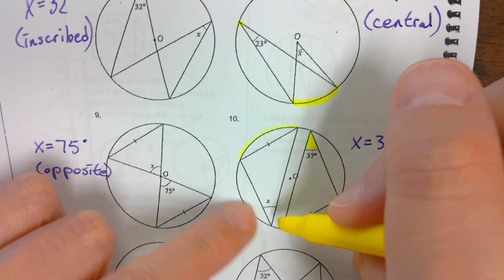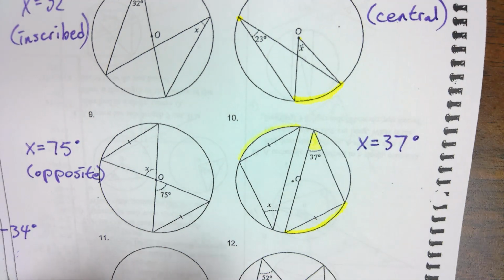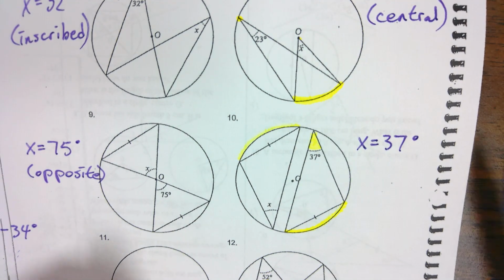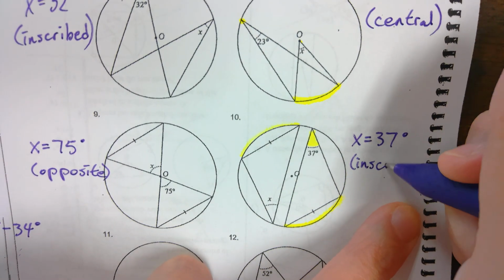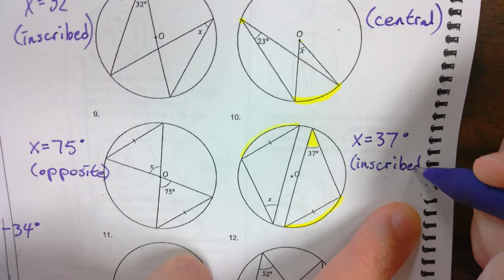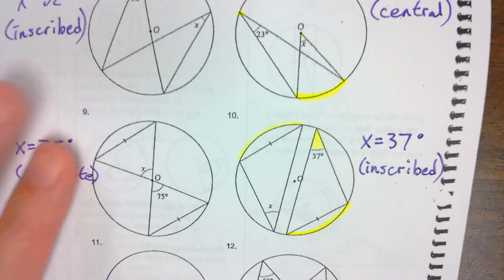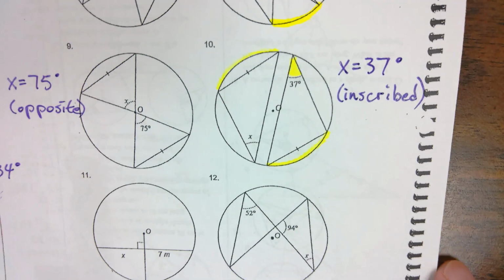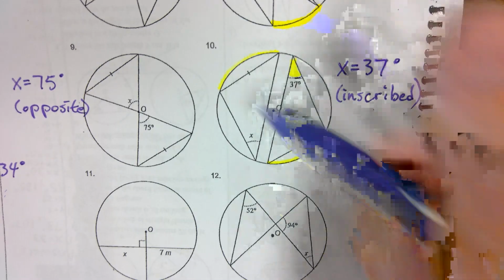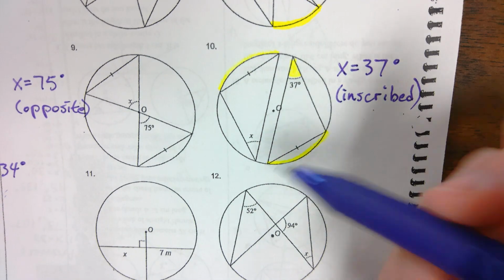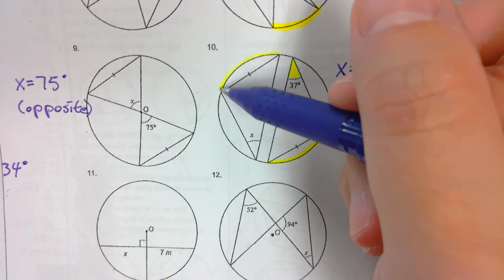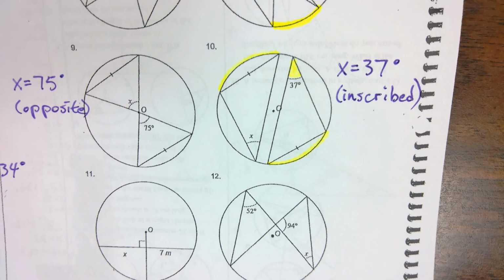And so that means this is also an inscribed angle. Alright, so that's the reasoning. This is an inscribed angle, not because it looks the same, not because you flip it or merge it, but because they are bounded by the same arc in length. So this arc is the same arc as this one.